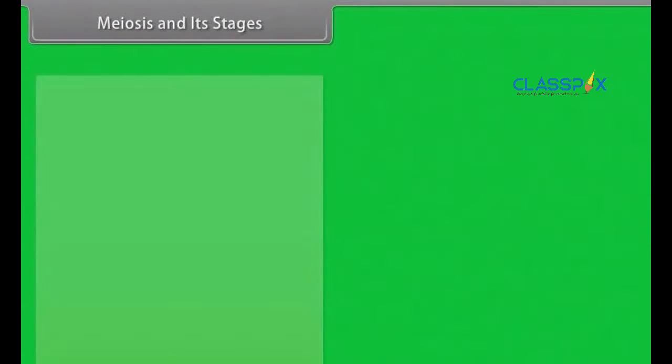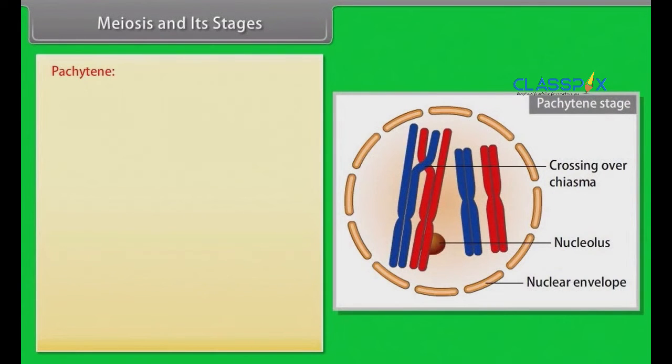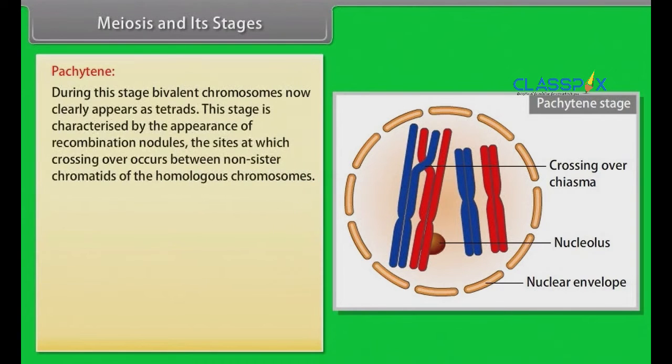The next stage, pachytene, is comparatively longer than the previous 2 stages. During the pachytene stage, bivalent chromosomes now clearly appear as tetrads. This stage is characterized by the appearance of recombination nodules, the sites at which crossing over occurs between non-sister chromatids of the homologous chromosomes.